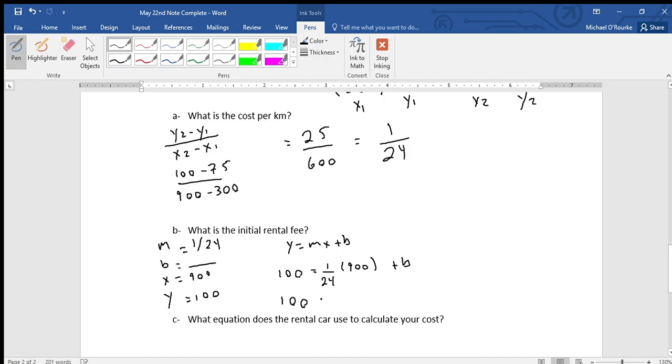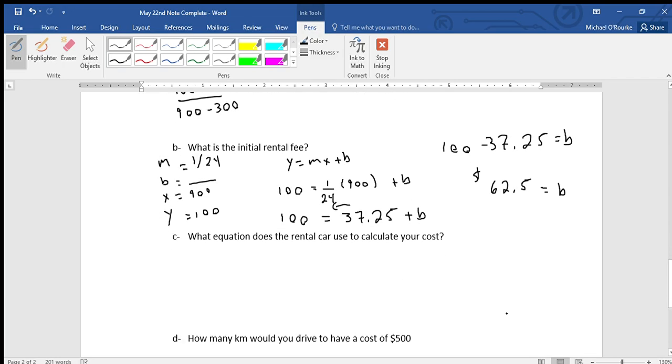So 100 equals 37.5 plus b. Let's rearrange. 100 minus 37.5 equals b. So b, the initial cost, will be $62.5. That's my initial cost.